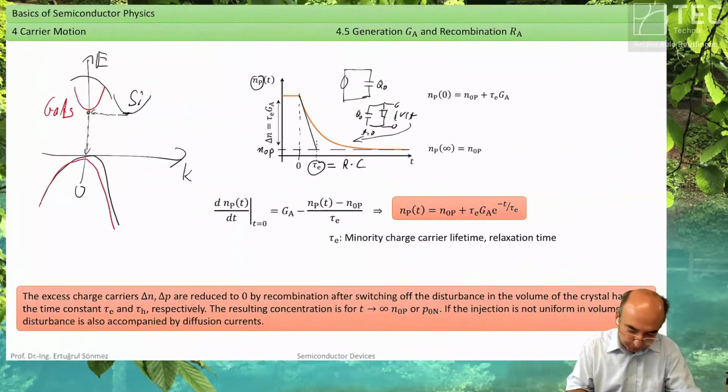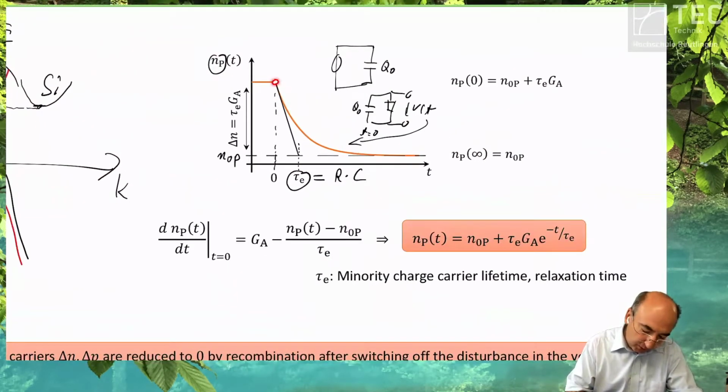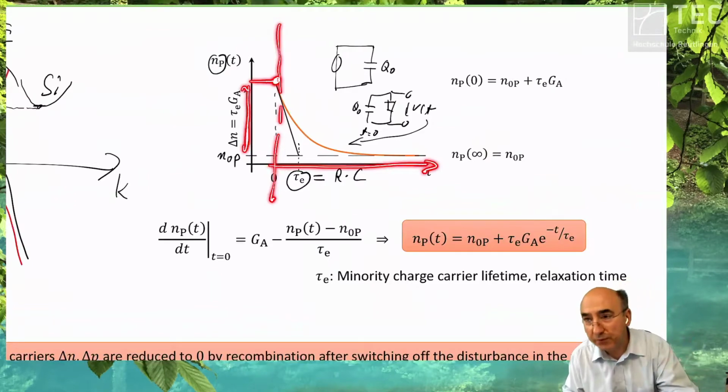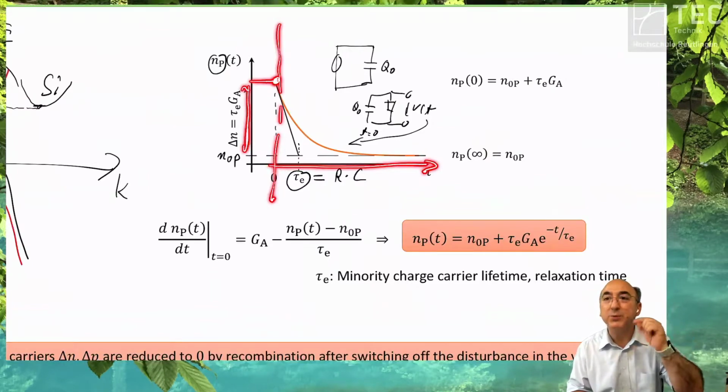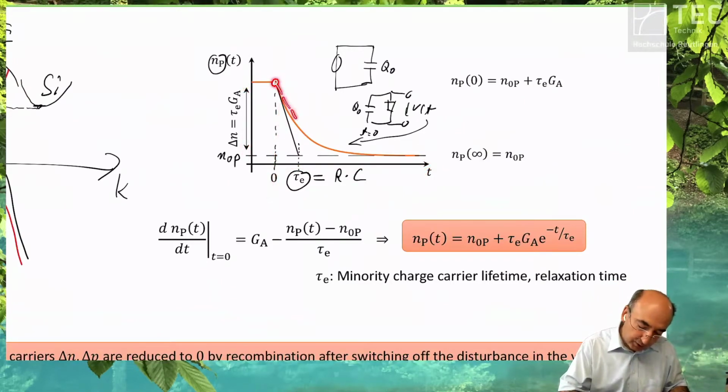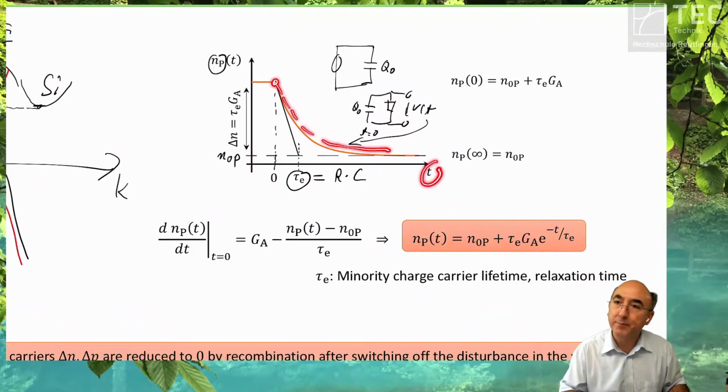At that point, we now know this value at the space charge region. We know that. And what happens as a function of time if we switch off the voltage, this concentration drops by time.